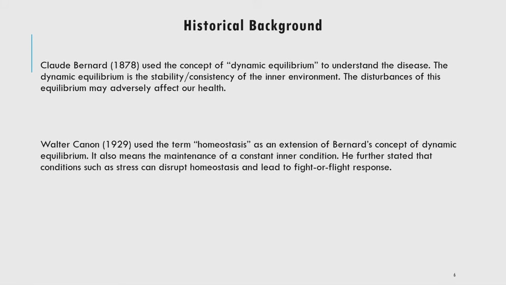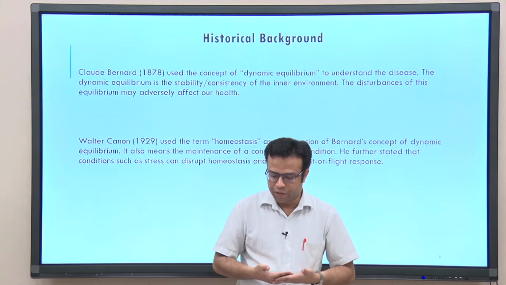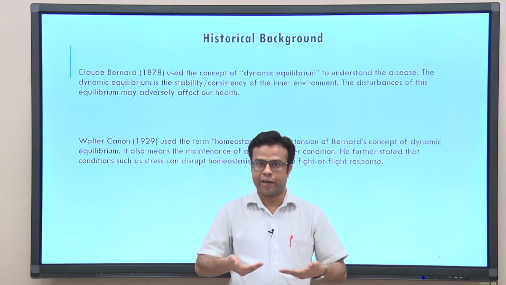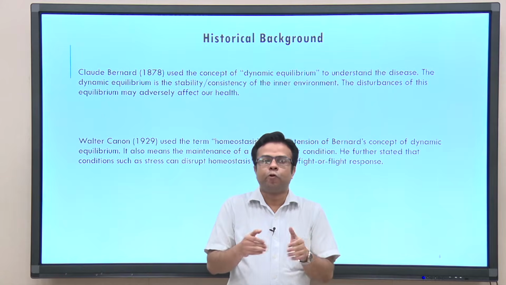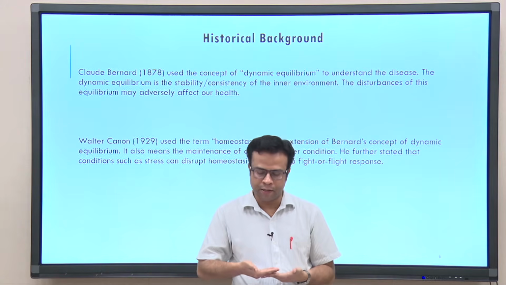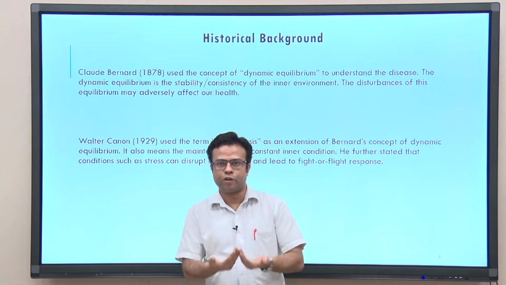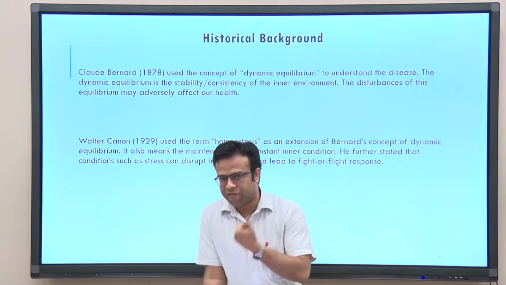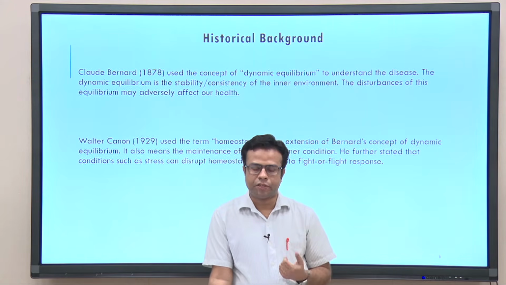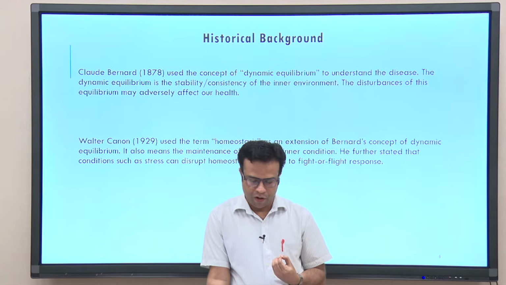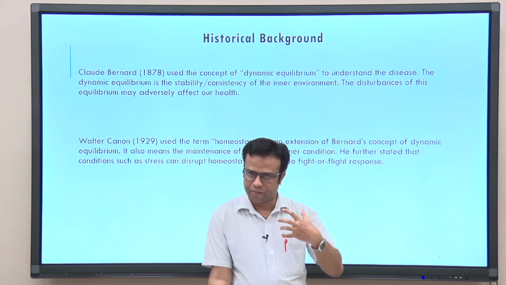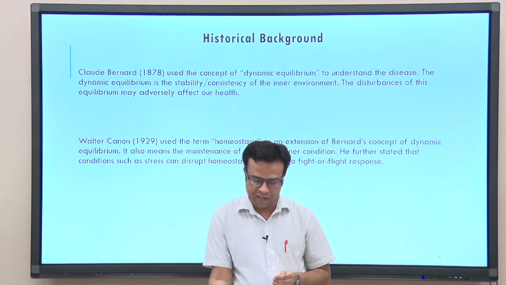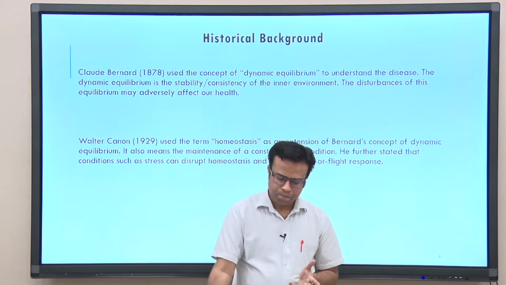So, at the physiological level, whether your body is stable, consistent, or at equilibrium. That equilibrium basically shows your healthy state. If that equilibrium state is disturbed, such disturbances may adversely affect our body and may cause diseases. So, this was one of the first concepts in understanding psychosomatic diseases, proposed by Bernard.